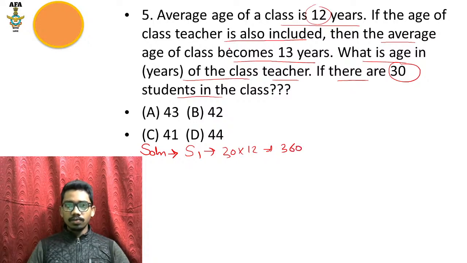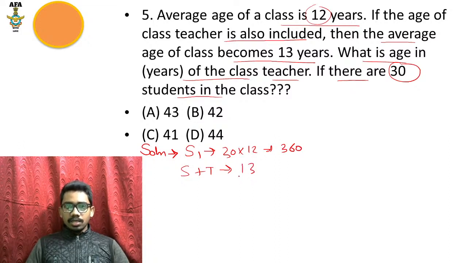If the age of the teacher is also included, then the average age of the class becomes 13 years. So students plus teacher, average age becomes 13 years. What is the age in years of the class teacher if there are 30 students in the class?